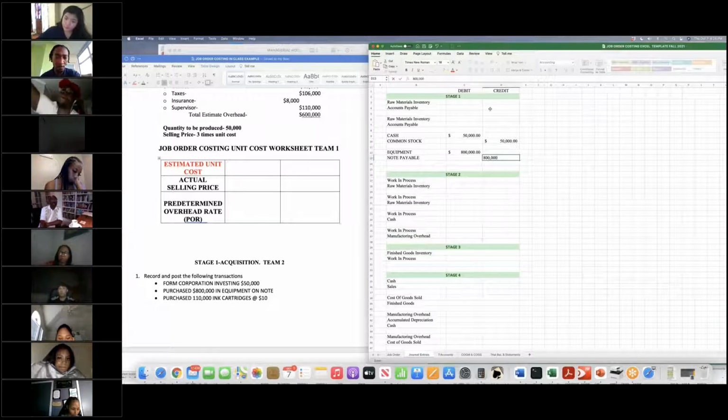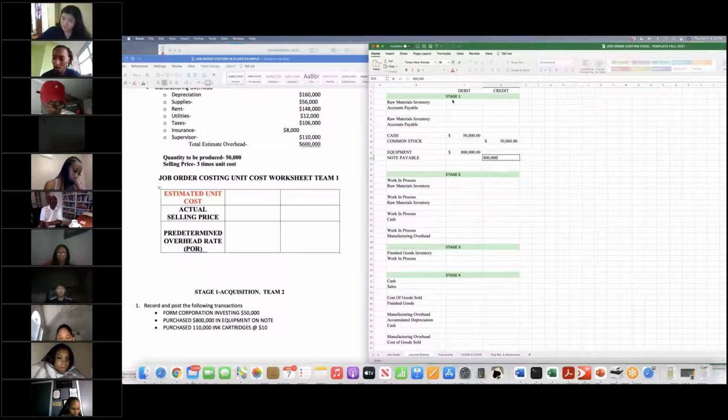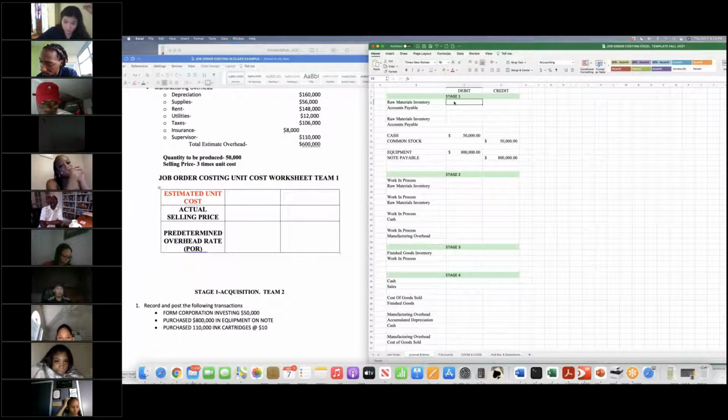And then the next thing we're going to do, we're going up here and buy our raw materials now. Purchase 110,000 ink cartridges at $10 each. So what number is going here? Is that by any chance 1,100,000?